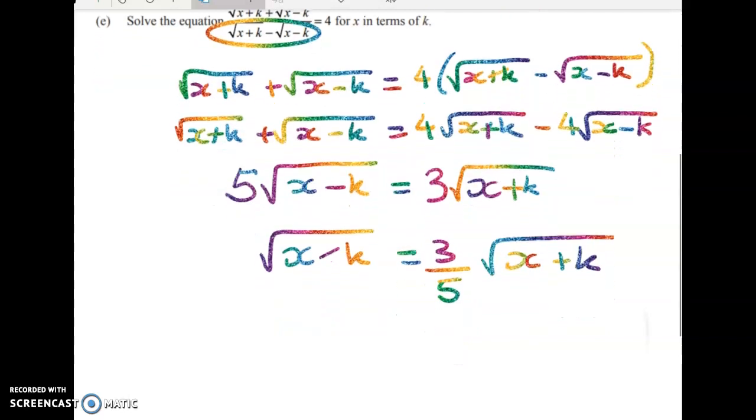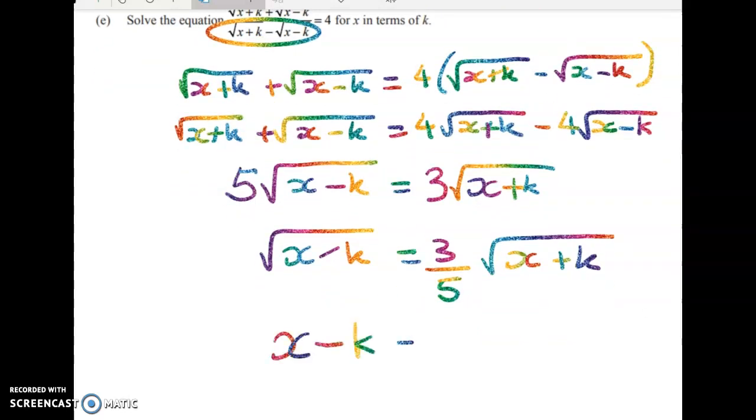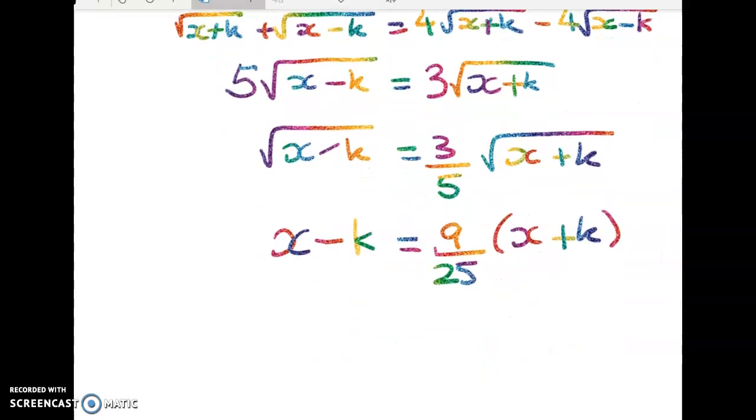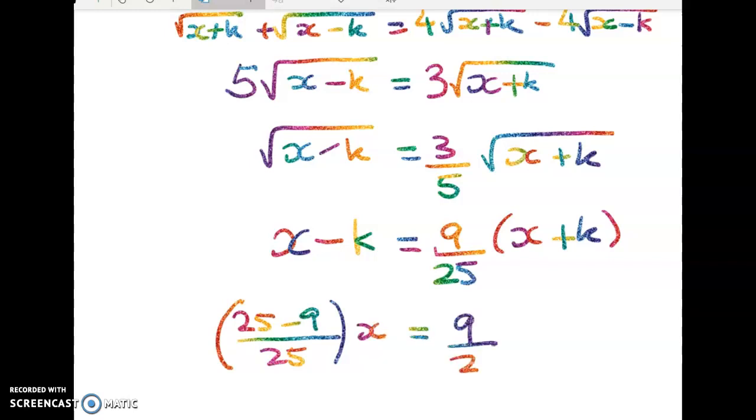Now I'm ready to square both sides. So here we'll get x minus k is equal to 9/25 of x plus k. Collecting up like terms again, on this side we have 25 minus 9 over 25 x equals 9/25 plus 25 over 25 k.